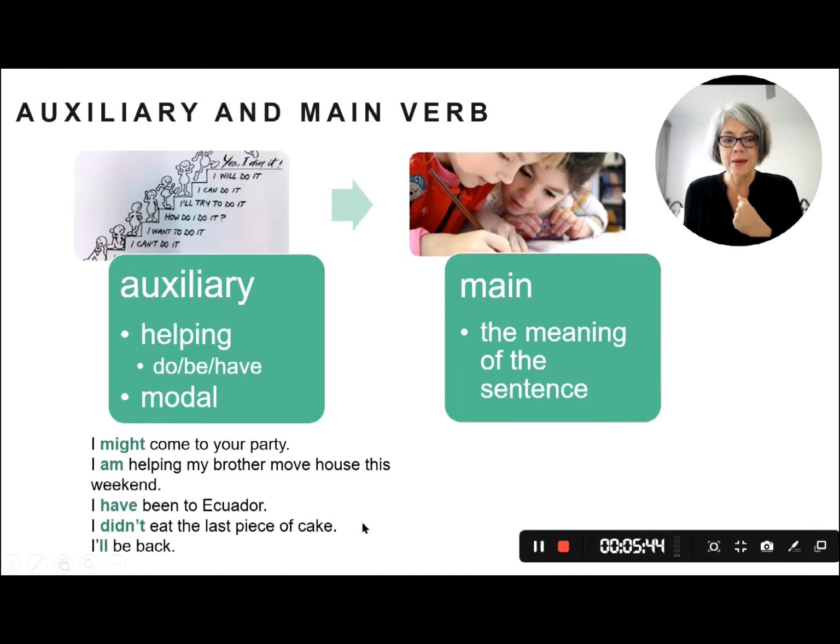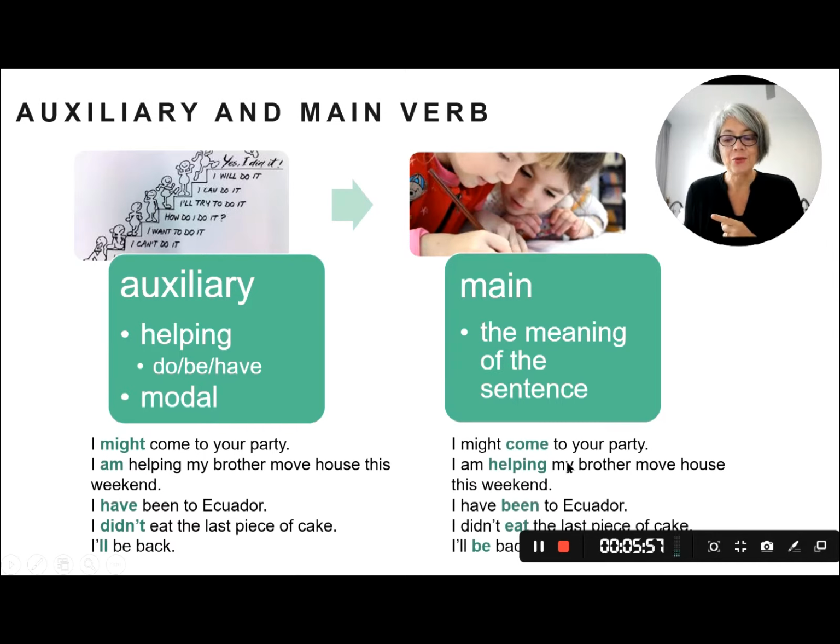So here are some examples. The green words might, am, have, didn't, will are auxiliary, helping verbs. And the green ones here, come, helping, been, eat, and be, is the meaning of the sentence. That's the main verb. So in English, you are always combining a helping verb and a main verb.